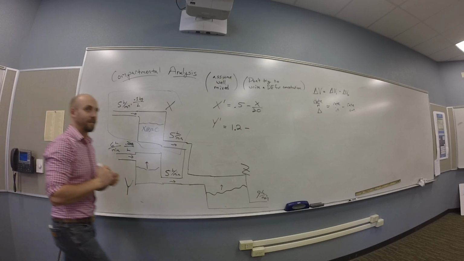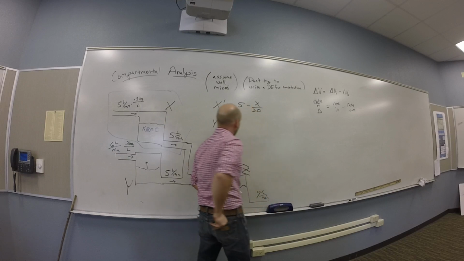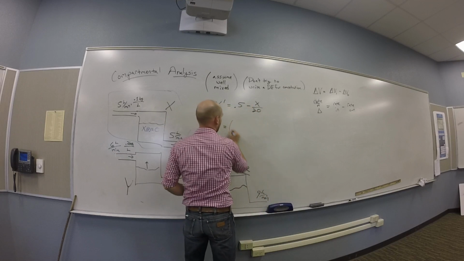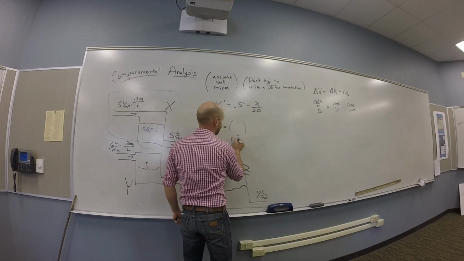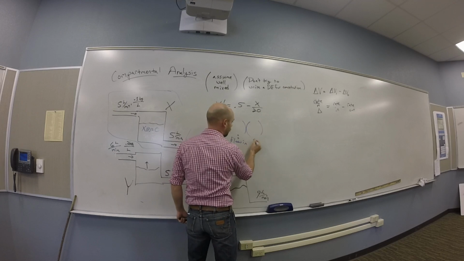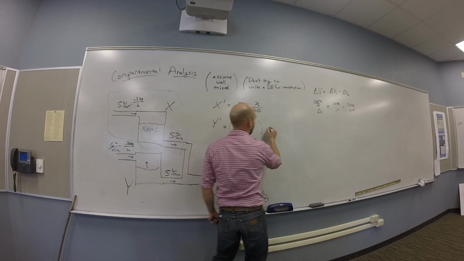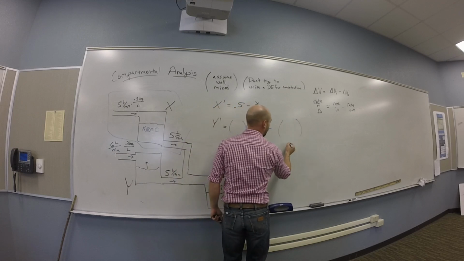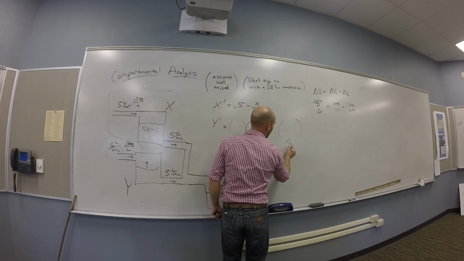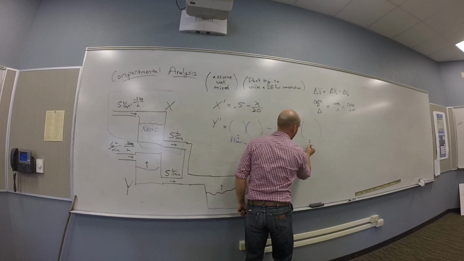Did I lose you there? 1.2. So this should be a flow times a concentration. So flow in times concentration in, and then we're going to subtract flow out times concentration out.